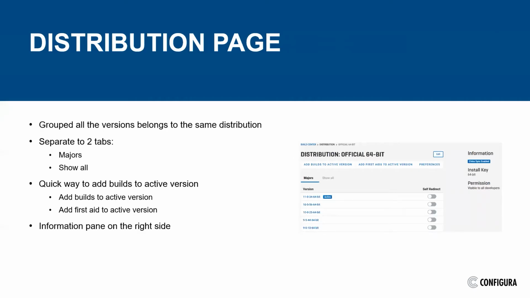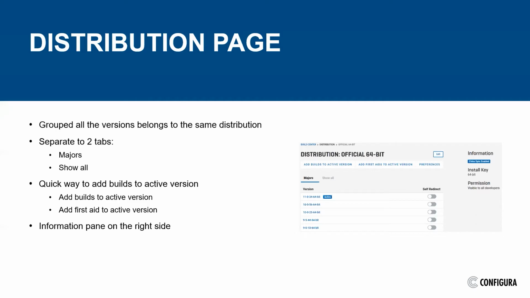Versions have now been grouped together. At least for the time being, this is pretty much restricted to just the official distribution, the official boxes. We don't really have boxes anymore. Distribution, installation, same thing. So the versions are all now grouped together into one interface to make it a bit easier to find.